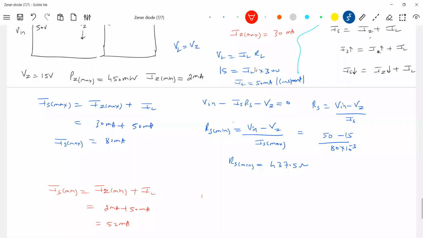Now let's get into it: RS max should be equal to Vin minus VZ by IS minimum. 50 minus 15 by 52 into 10 to the power of minus 3.